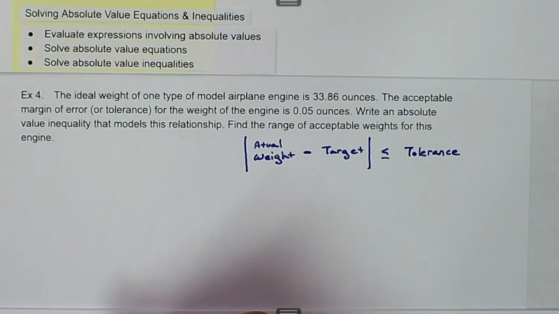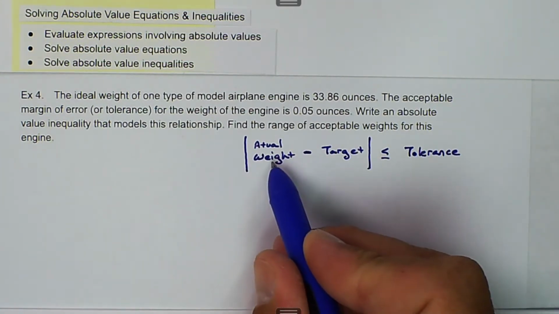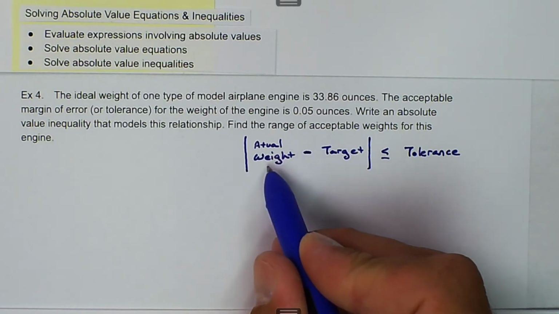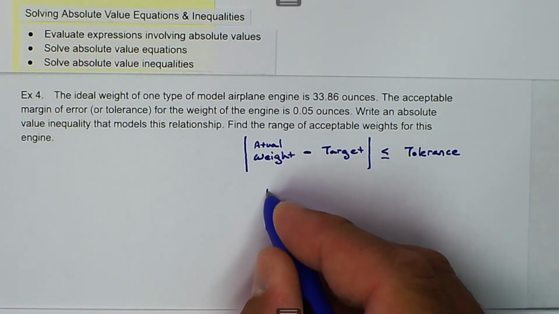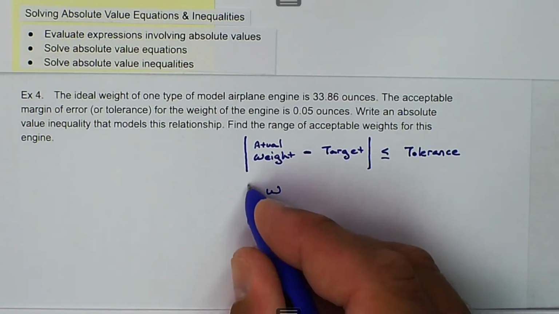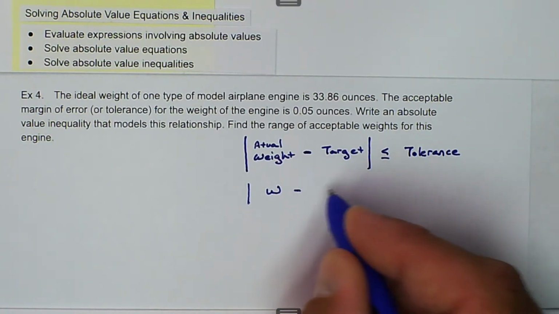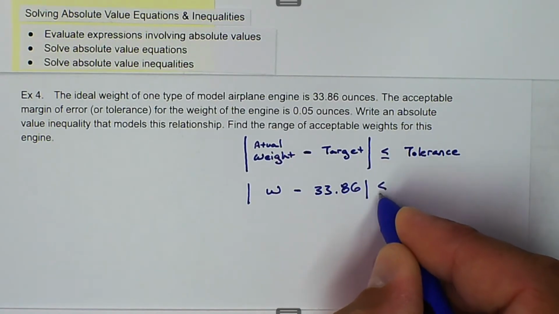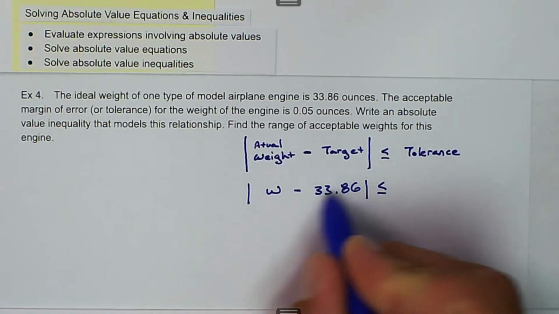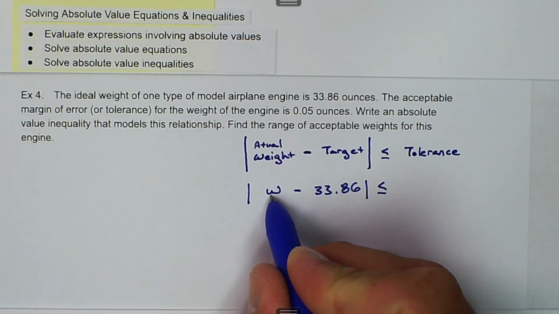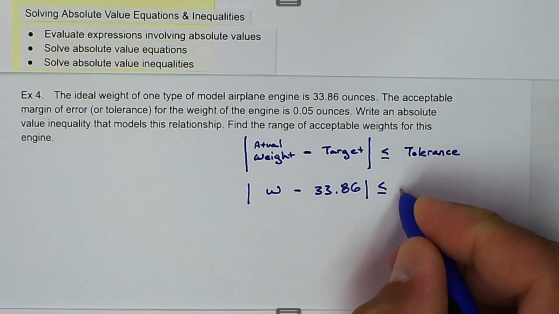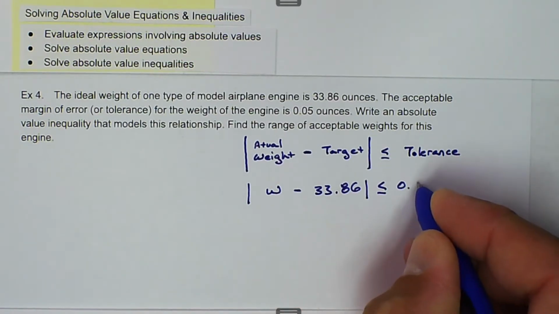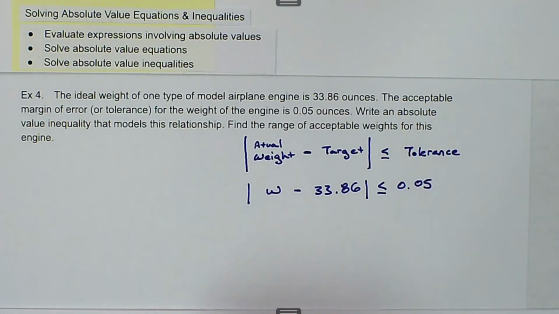So in this case, when we substitute our values in, we don't know what the actual weight of each engine will be, but we'll have some weight W. We know that the target weight is 33.86, and whatever the difference between the weight of the actual engine and the target weight is, it has to be less than or equal to 0.05.